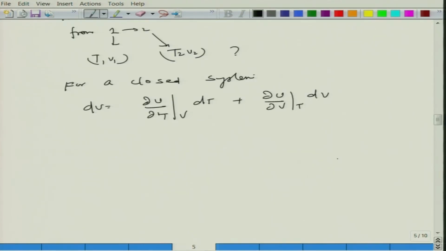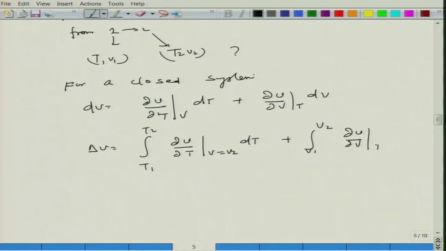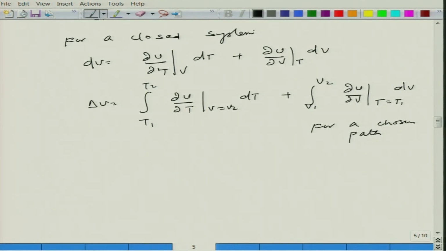If you integrate this, you are going to get delta u as the integral from T1 to T2 of del u by del T at V equal to V2 dT plus the integral from V1 to V2 of del u by del V at T equal to T1 dV. So, this is for a given chosen path, in the same line as we have done earlier. But the question is now, how do you get this del u by del T and del u by del V?